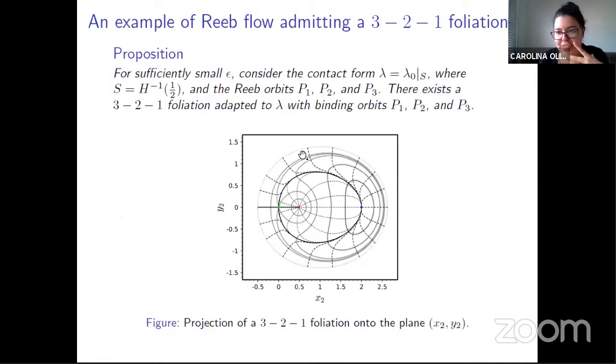And the projection of this 3-to-1 foliation will look exactly like this. So we have constructed the holomorphic plane, and it will be a part of this one parameter family of planes here.